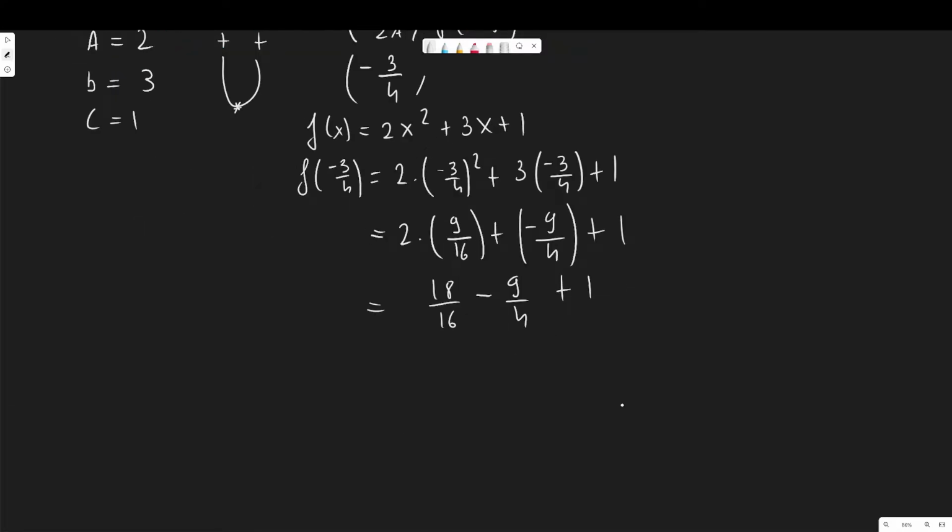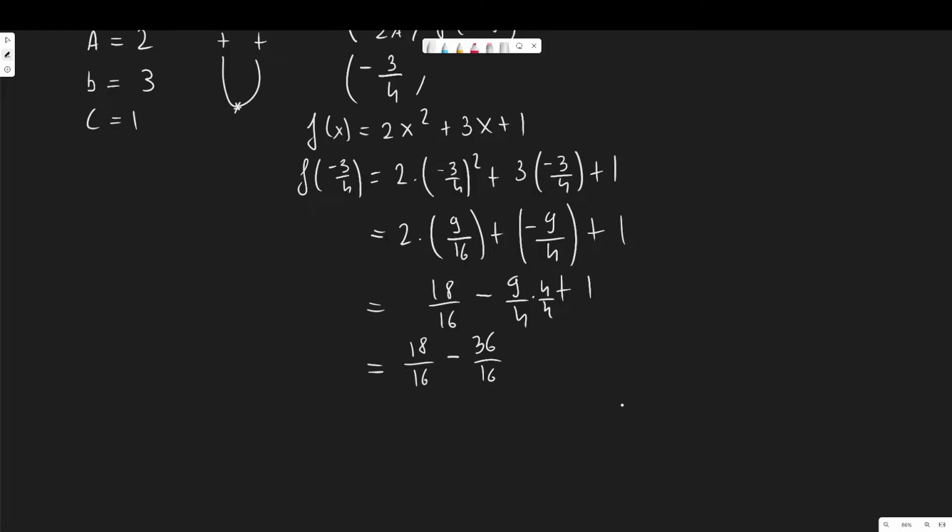So now we have to find a common denominator. So let's take 16 as our common denominator. So we'll get 18 over 16. And now we'll have to write down negative 9 over 4 as something over 16. So note that if we multiply negative 9 over 4 by 4 over 4, which is the same as multiplying by 1, we will get that negative 9 over 4 is the same as negative 36 over 16.